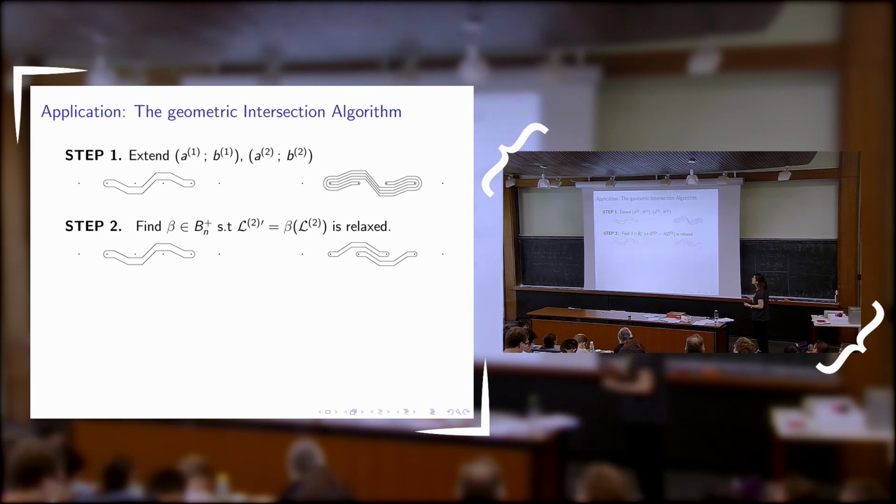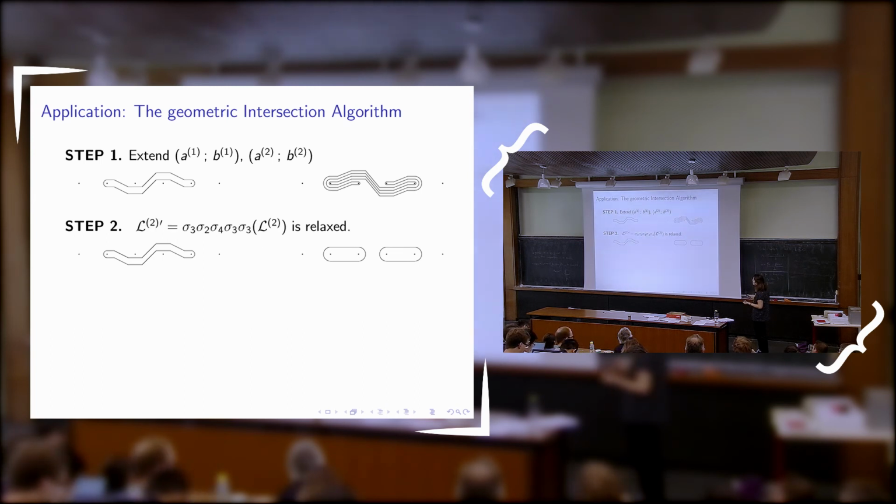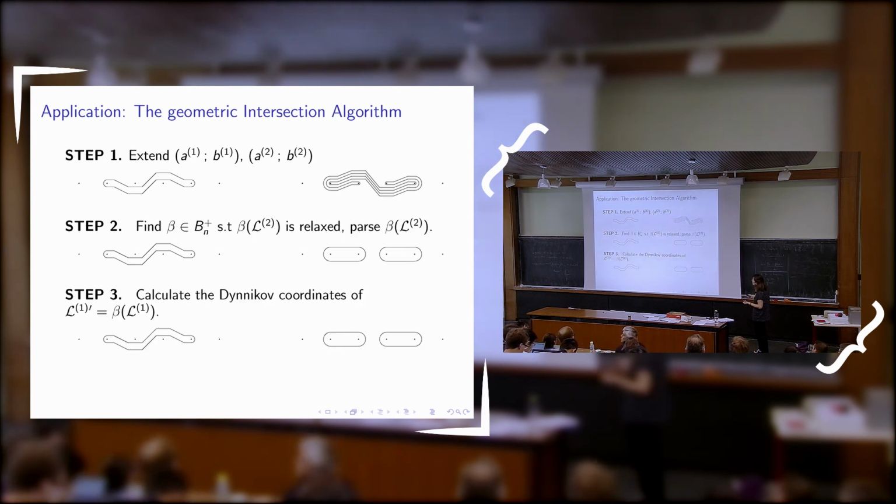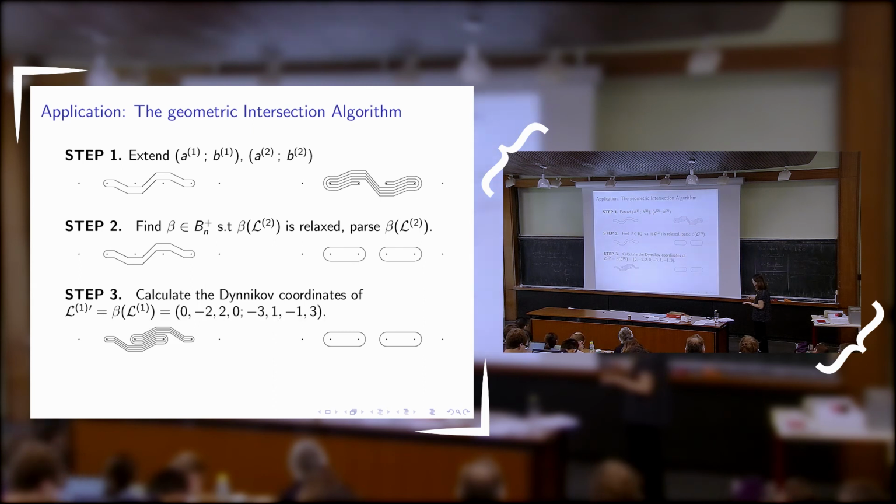And we relax it. What we have is a braid that looks like this. And we apply the same braid to the other lamination, to the other multi-curve. And when you apply the same braid to the first one, you get a picture like this.